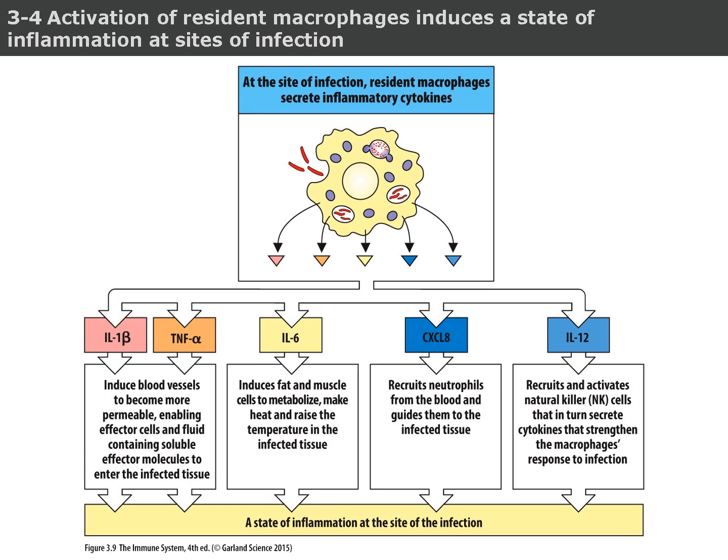Interleukin-12 recruits and activates natural killer cells, a specialized immune cell type, which then release additional cytokines that amplify the macrophage response. Altogether, these actions create a localized state of inflammation that is critical for containing and resolving the infection.